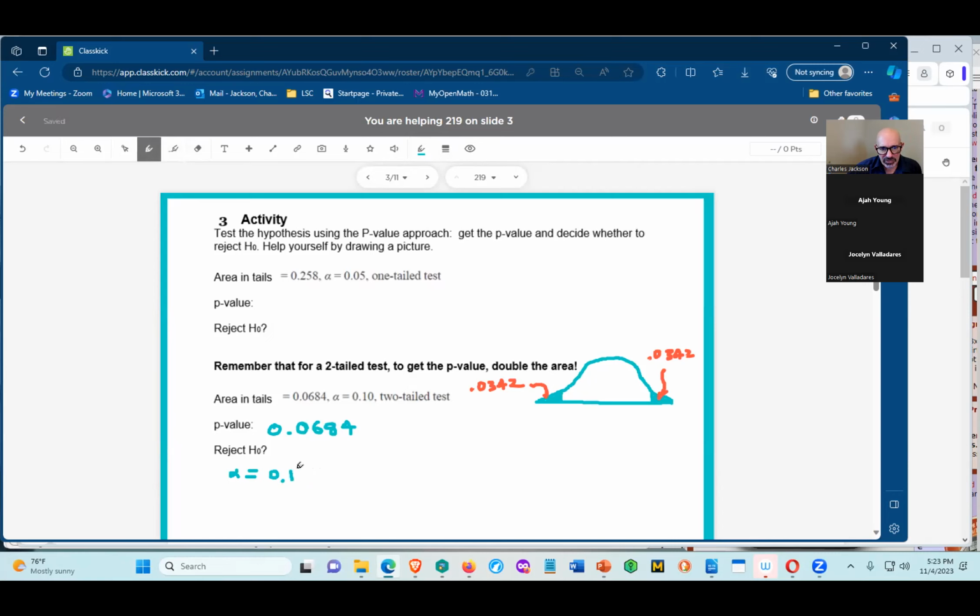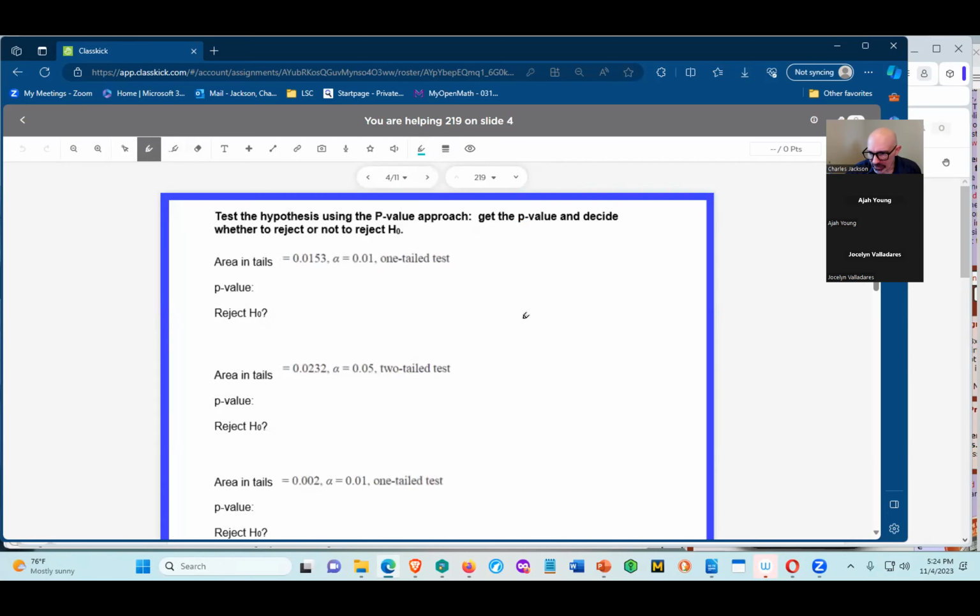That's the best assumption to make if you are required to do something involving alpha and you're not given alpha. So reject this time, yes, because the p-value is less than alpha. And so all of this is just about those reps of making that decision, reject or no reject.